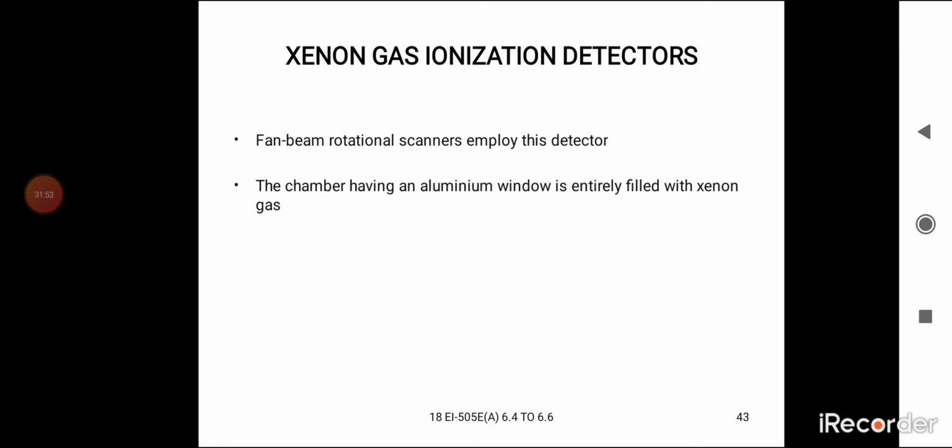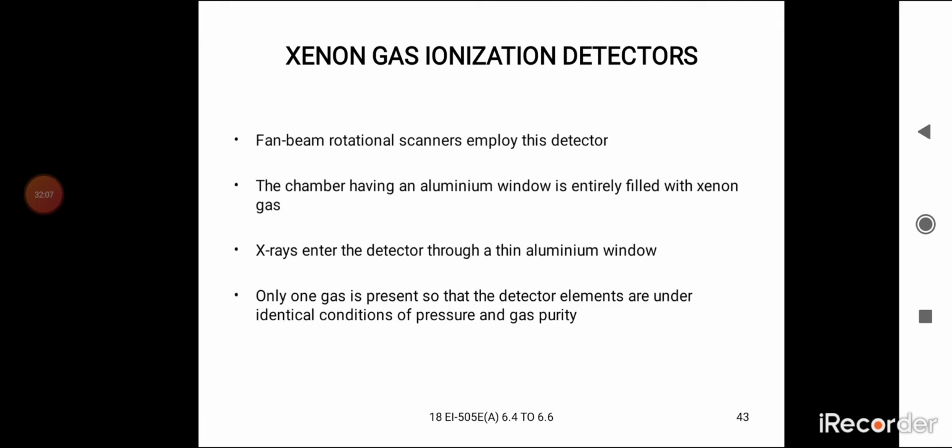The chamber having an aluminum window is entirely filled with xenon gas. The X-ray enters the detector through a thin aluminum window. Only one gas is present, so the detector elements are under identical conditions of pressure and gas purity.